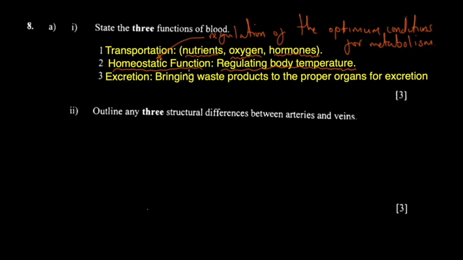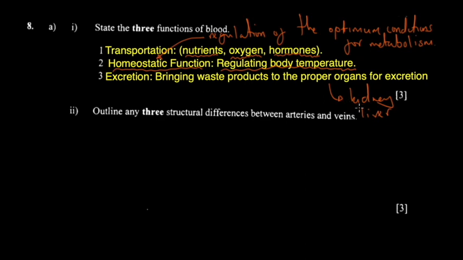Then excretion means bringing waste products to the proper organs for excretion. The blood actually doesn't excrete anything, but it brings waste products. It works with the proper organs. The proper organs here would be the kidney and the liver.